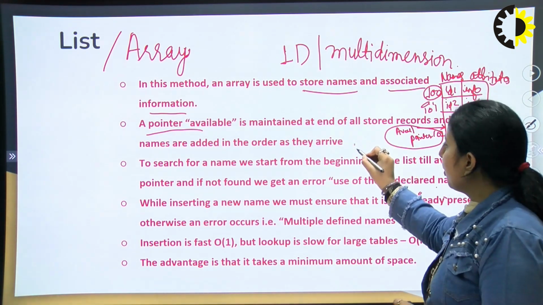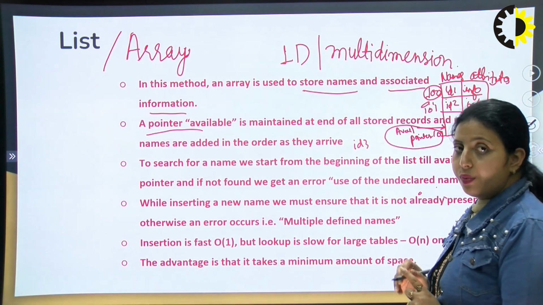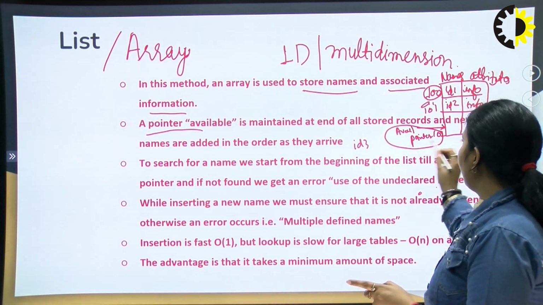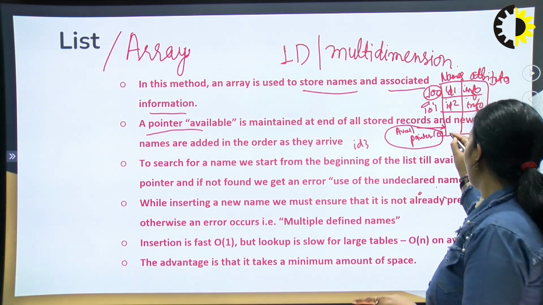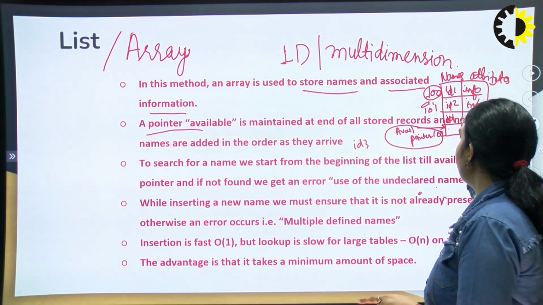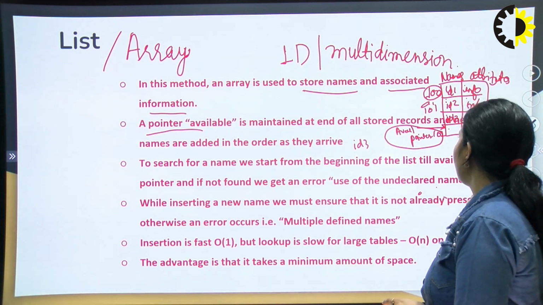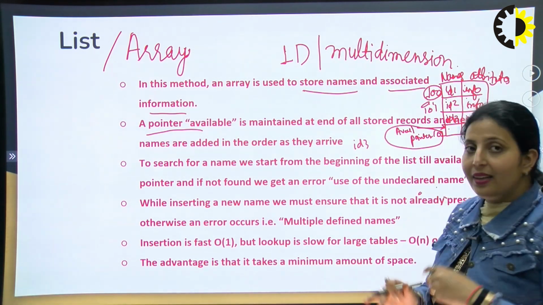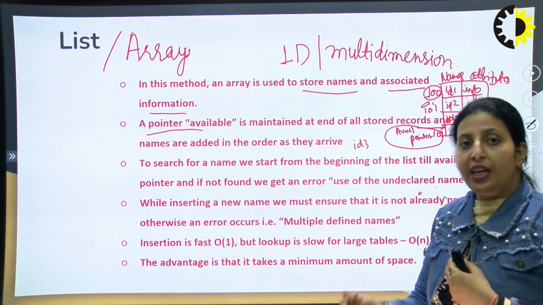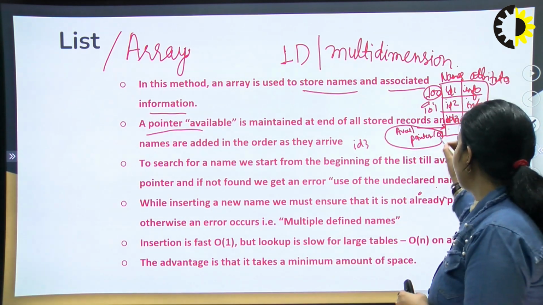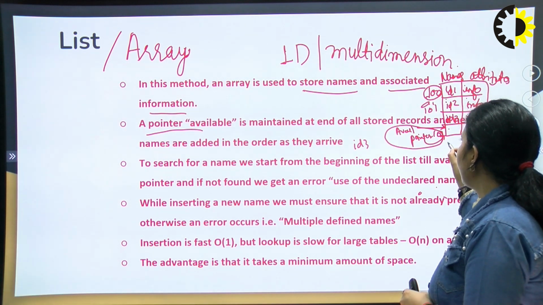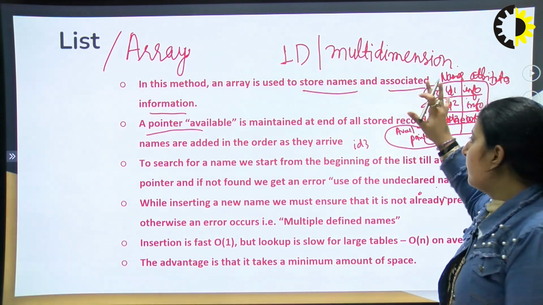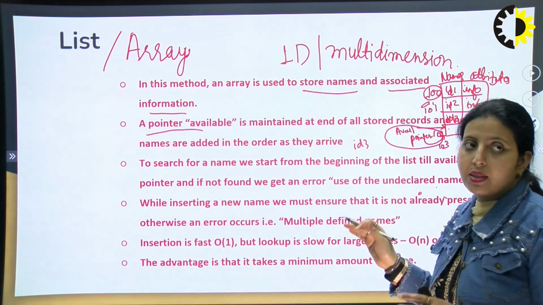If we want to store ID3, we check where the available pointer is. If it is at location 102, we store the entry at 102, and all the information regarding that identifier is stored there. Then the available pointer is incremented to the next location, that is 103. In this way the available pointer works.